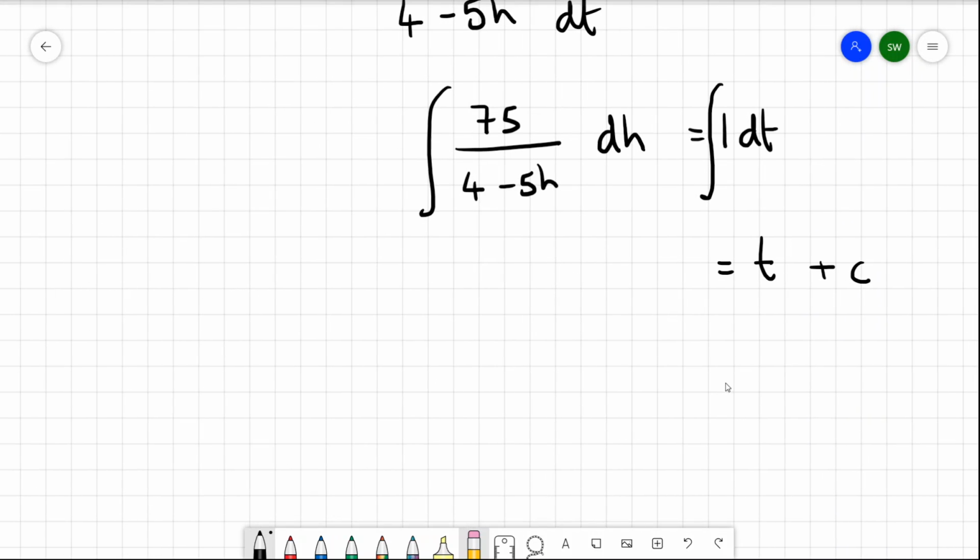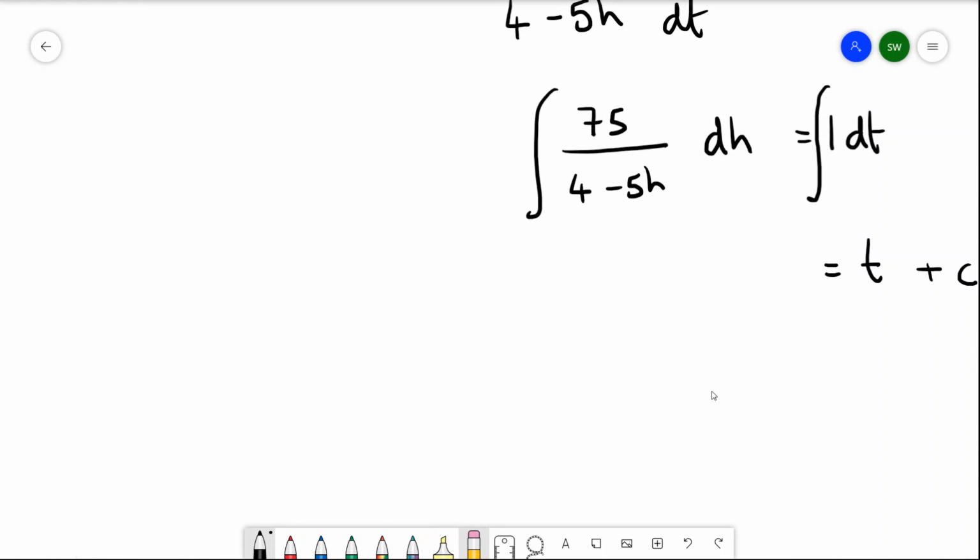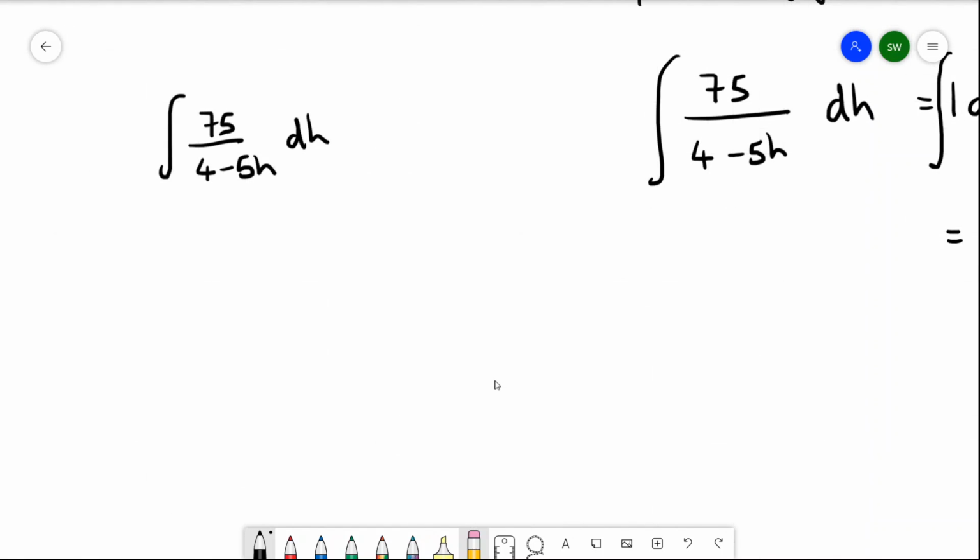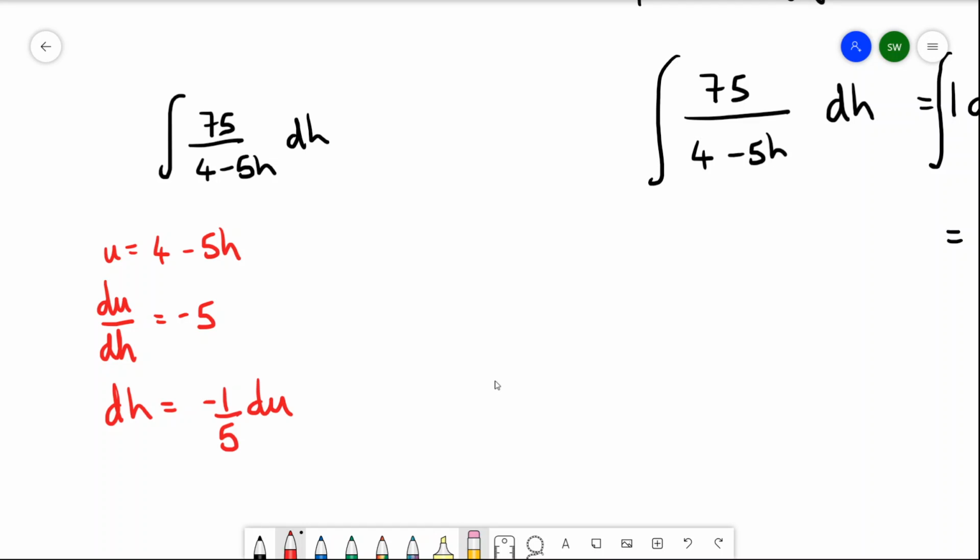So on the side, I'm just going to try and work out what this integral is. So I'm going to use the substitution u equals 4 minus 5h. So we know du by dh is equal to minus 5. So that means I can replace dh, if I rearrange this to get dh as subject, as minus 1 over 5 du.